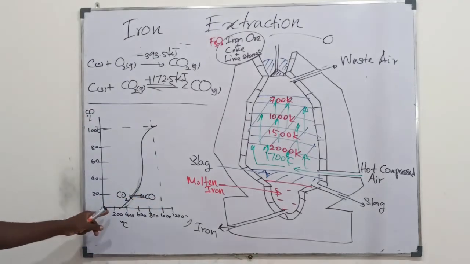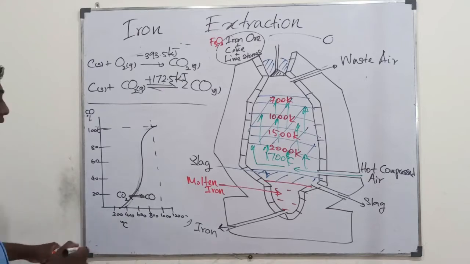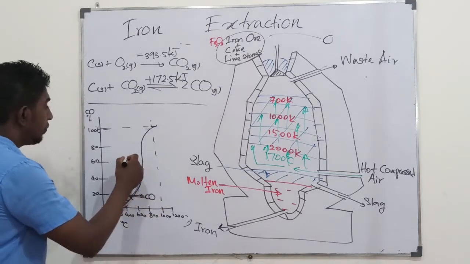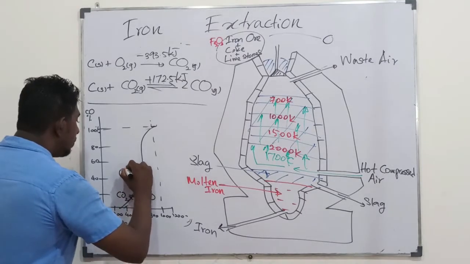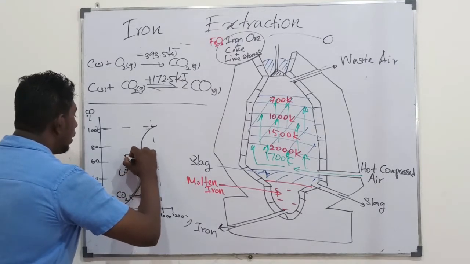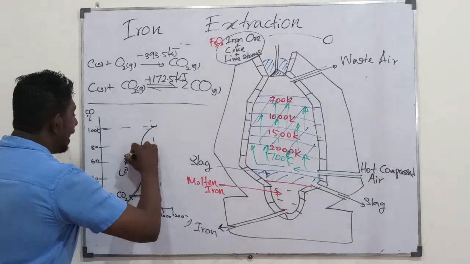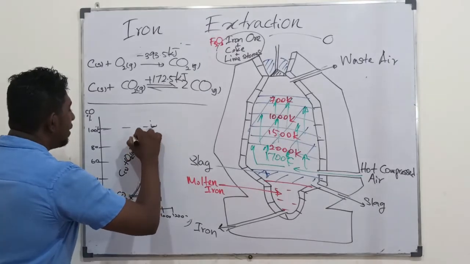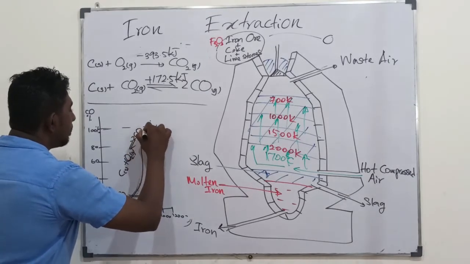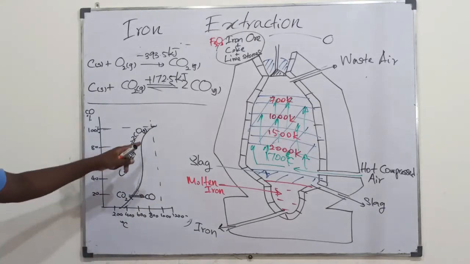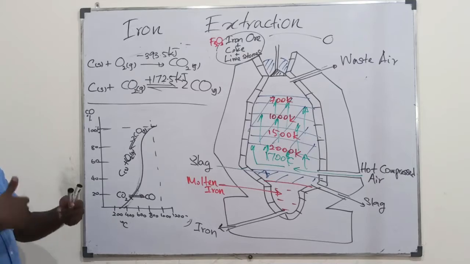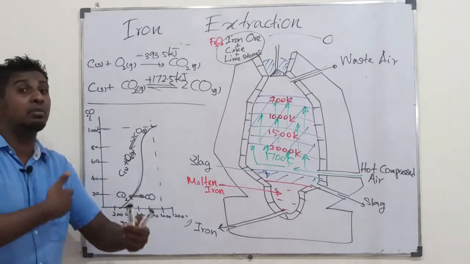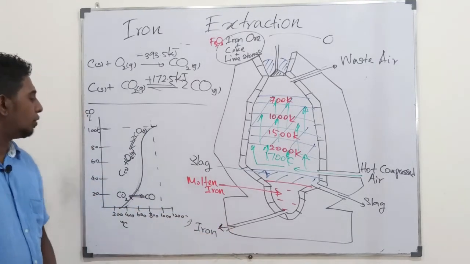So at lower temperatures you would have more carbon dioxide, less carbon monoxide. So this reaction would proceed: carbon solid would combine with carbon dioxide gas, giving carbon monoxide gas. At high temperatures, when it is close to 1000, 100% of the carbon dioxide would have been transformed into carbon monoxide.